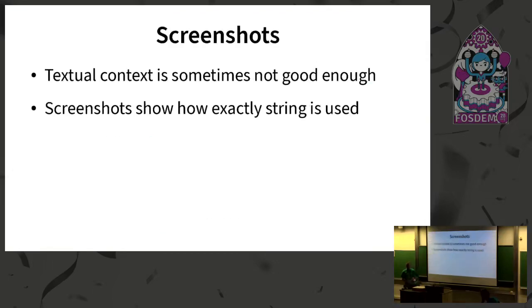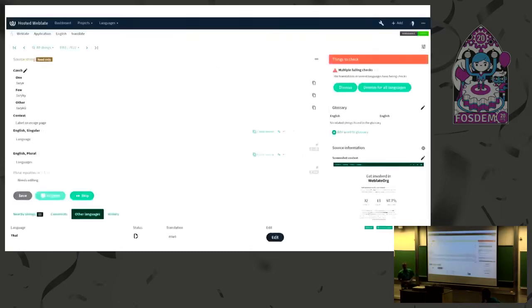But providing text is nice, but it sometimes can take long to write all the strings. So it's really helpful to provide screenshots. For example, for mobile applications, it's really helpful to see what all is on the screen and how all the strings fit together. So that's where Weblate can upload the screenshots.